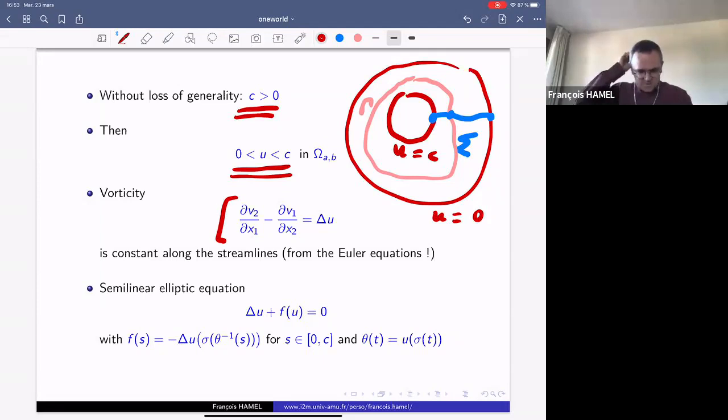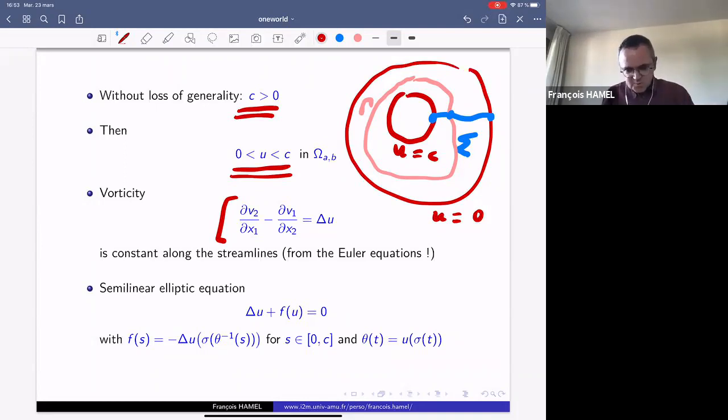This is a well-known fact. In the classical literature on the Euler equations, the vorticity is called omega and the stream function is called psi. Let me call it u because I come from the elliptic equations, and u would satisfy an elliptic equation at the end.